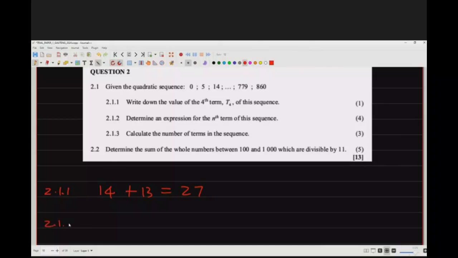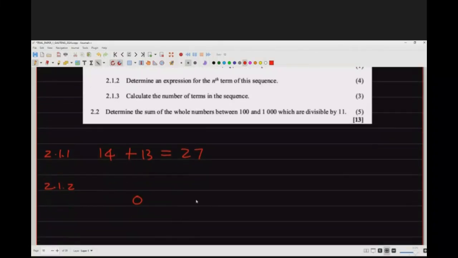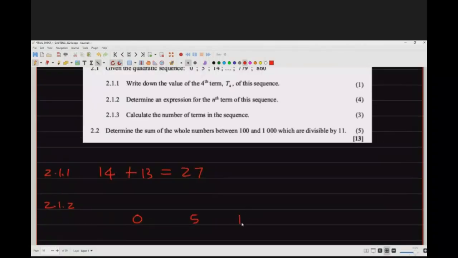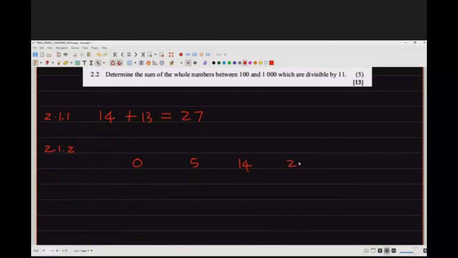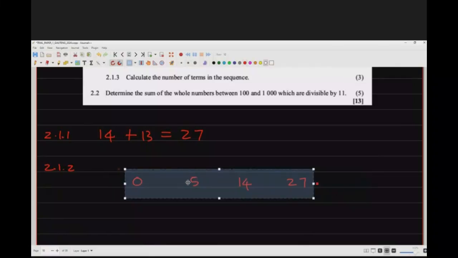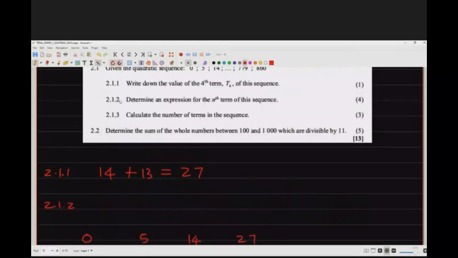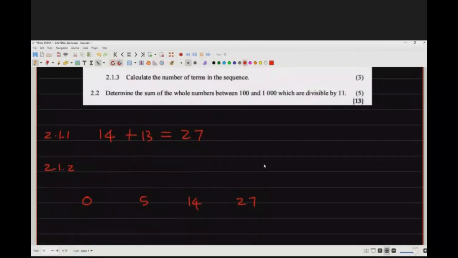And then for 2.1.2, it says to determine an expression for the nth term of the sequence. So the general rule for this sequence, we have 0, 5, 14, 27, and we can also do the term after 27.